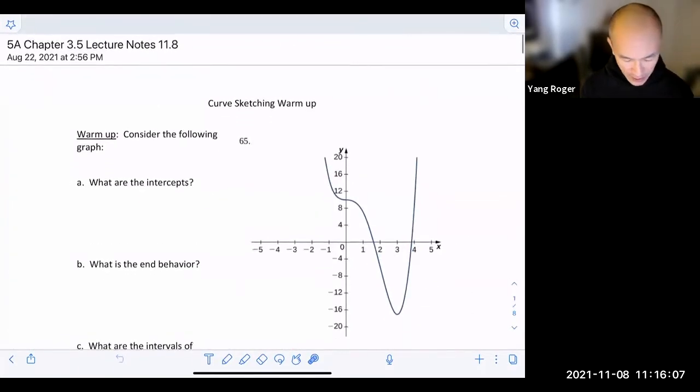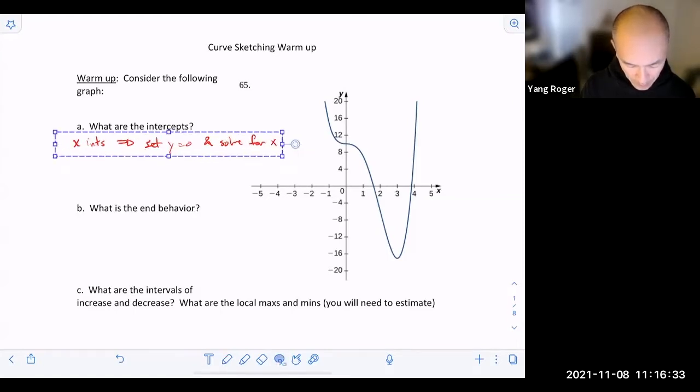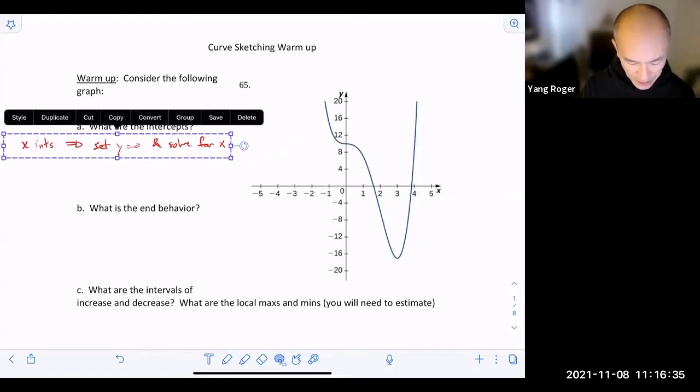So let's take a look at this warm-up here. The first question they ask is, what are the intercepts? Now, there are two types of intercepts. There's X-intercepts, and to find the X-intercepts, you set the Y coordinate equal to 0 and solve for X. For the Y-intercept, it's very similar.